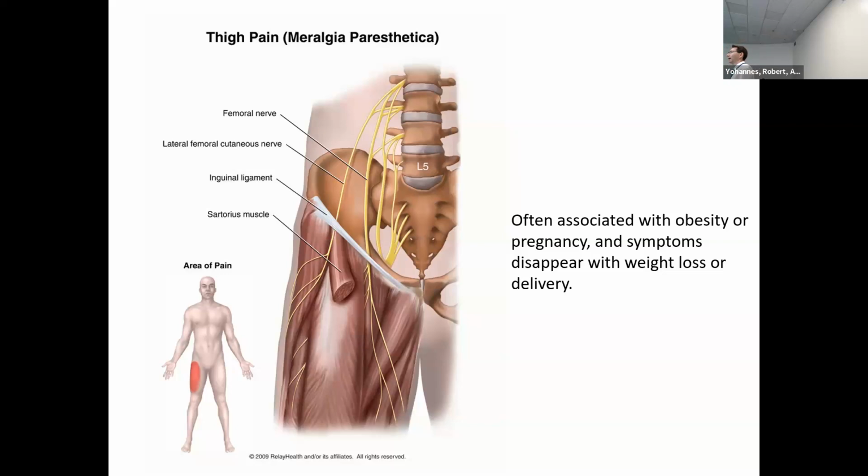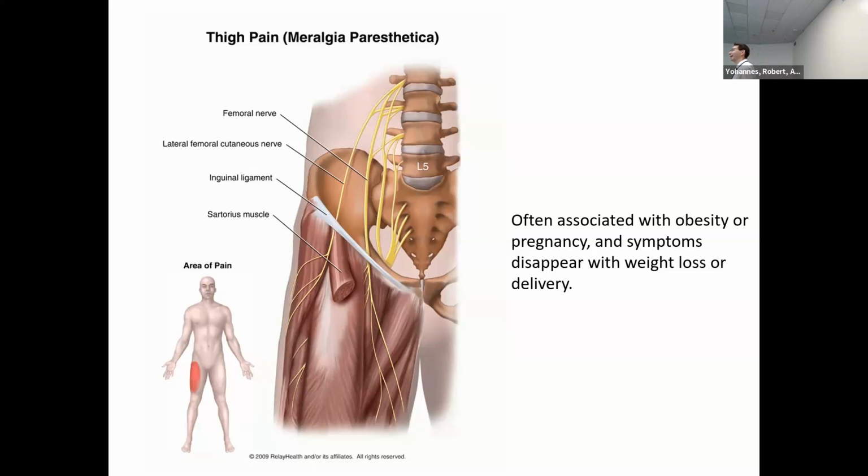The second thing is that here it passes underneath the inguinal ligament, and there can be pressure on it because of weight, because of obesity, because of pregnancy, or because the person flexes their leg a lot. For example, I had a patient who was a professional biker, and I told him that he should probably not bike.